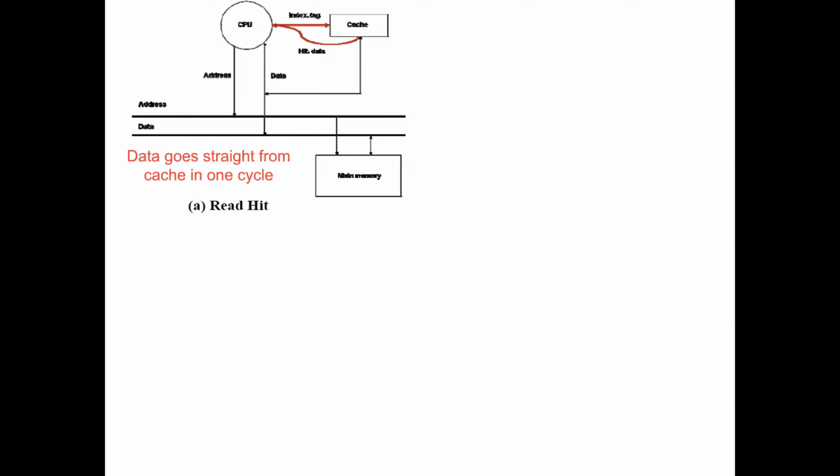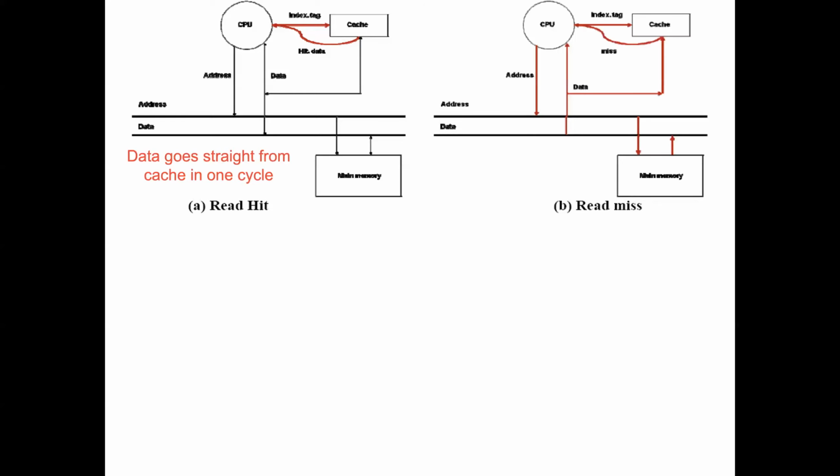In the case of a read miss, the CPU checks to see if our pertinent data is available within the cache. If it is not available within the cache, we will need to go to memory. Data has to come from memory, and it will take much longer for the data to be retrieved.